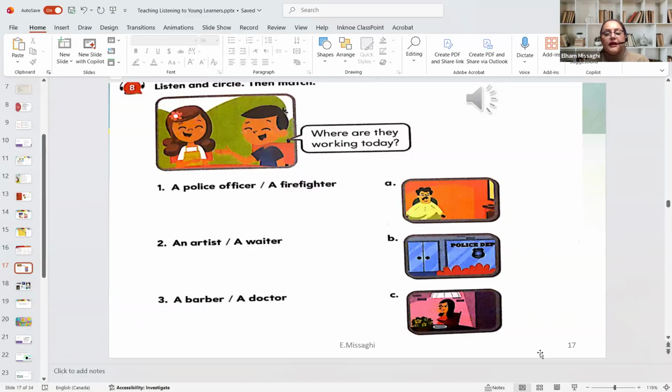What happened at the clinic? Clinic and restaurant. So they listen to the stories and then they have to match and complete the part. What happened in each place. Easy to difficult for children.